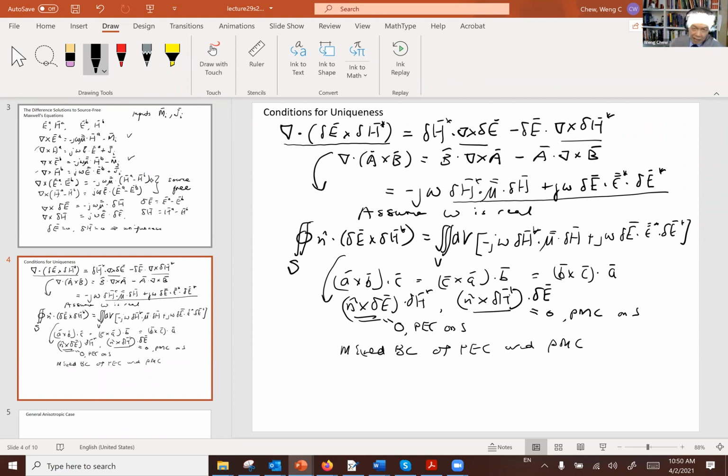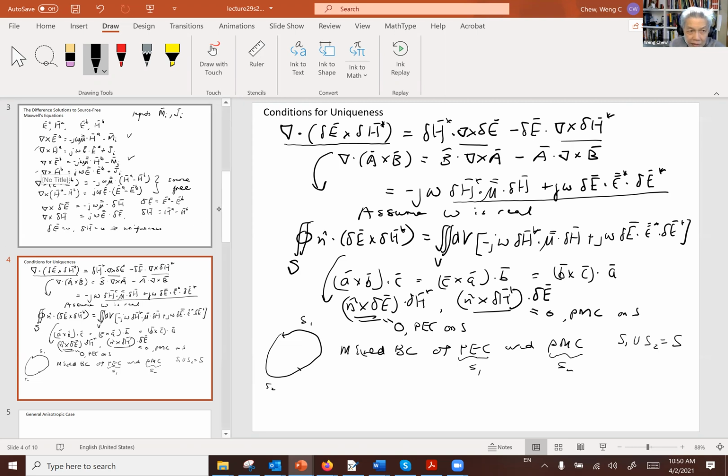You can have either entirely PEC boundary condition, or entirely PMC boundary condition, or mixed boundary condition: PEC on part of the surface, maybe on surface S1, and PMC on S2, and then you require that S1 union S2 equal S. That is, you take the surface, break it into two parts, S1, S2, and you put different boundary conditions on different parts of the surface. Those are called mixed boundary conditions.